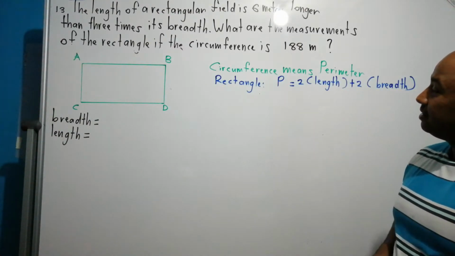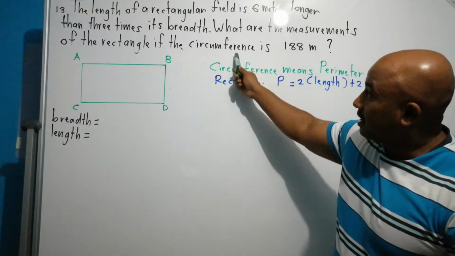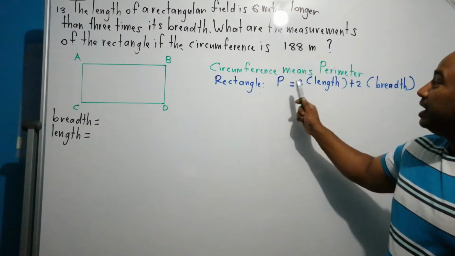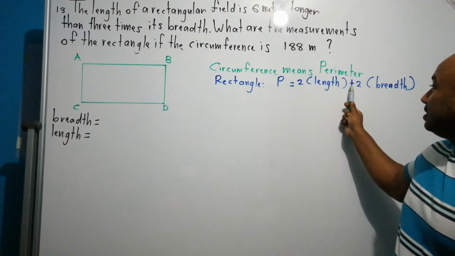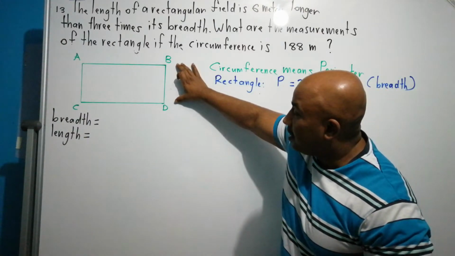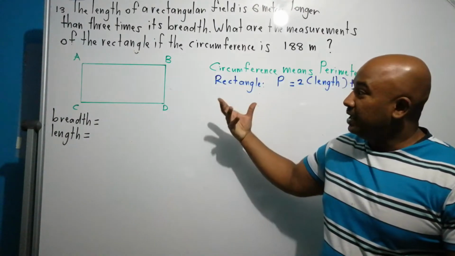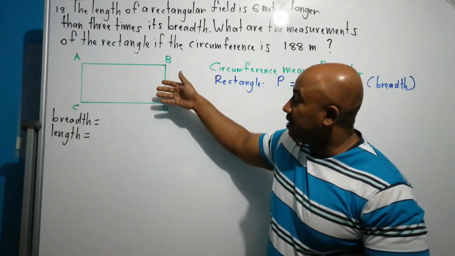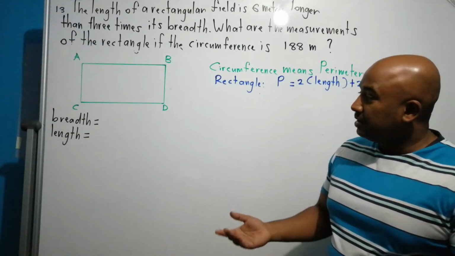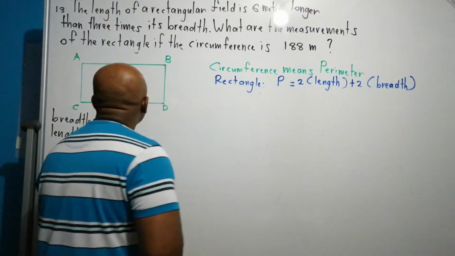The key word was circumference, which is perimeter, so perimeter is equal to 2 times the length plus 2 times the breadth. We need to label our sides, our breadth, in terms of x or y or a or b. I'm going to label it in terms of x.